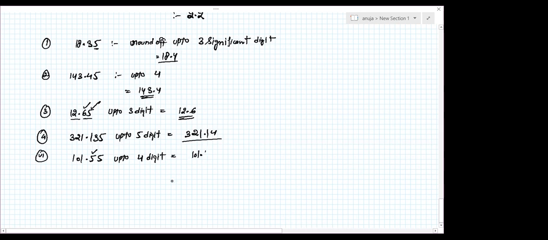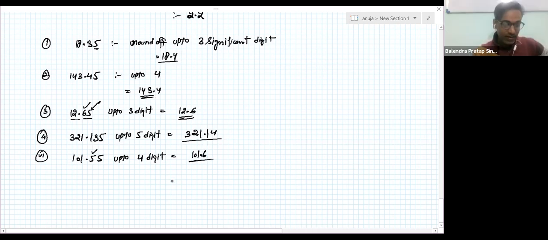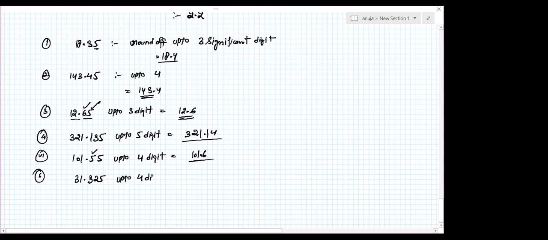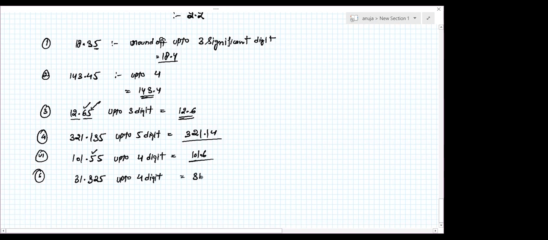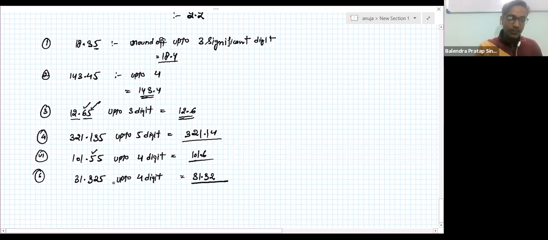Now let's do one more question, then I will finish. The last question is 31.325 up to 4 digits. It's an even number, so same. 31.32. So this is all about the significant figures.